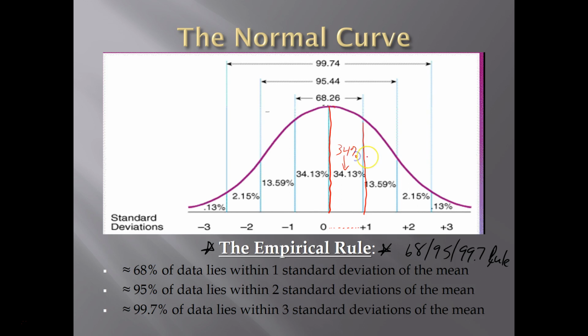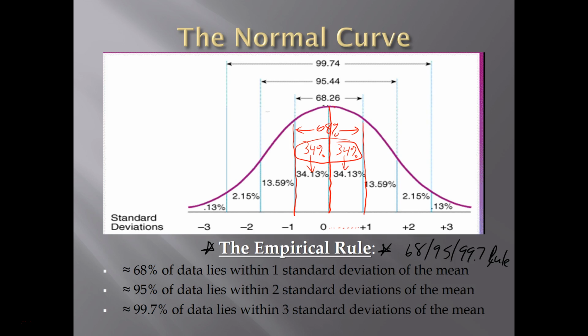So you have about 34% of your data within 1 standard deviation above the mean, and another 34% roughly within 1 standard deviation below the mean. So we have a total of 34 and 34, a total of 68% of our data found within 1 standard deviation plus or minus of the mean.